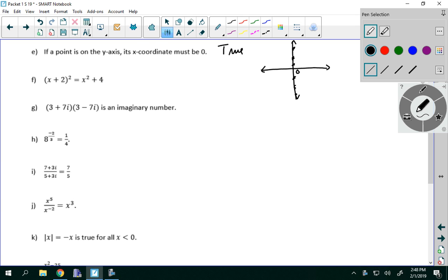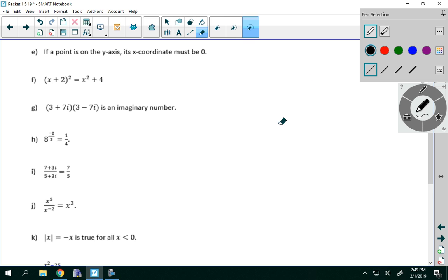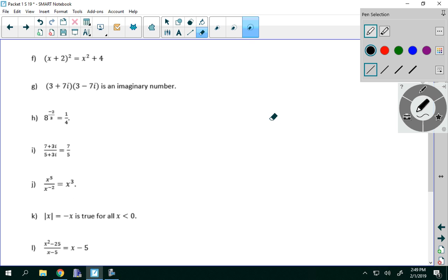This next problem says the quantity x plus 2 squared is x squared plus 4. This is a problem that a lot of students get confused with, because with exponent properties, if I had this problem, then the square applies itself to both 2 and x, which is 4x squared.